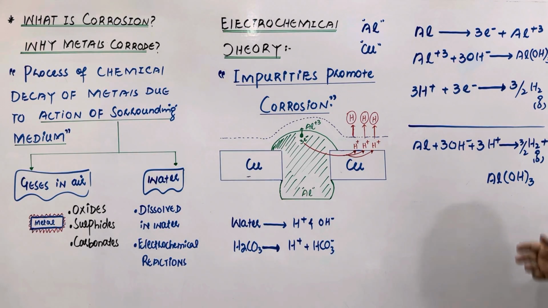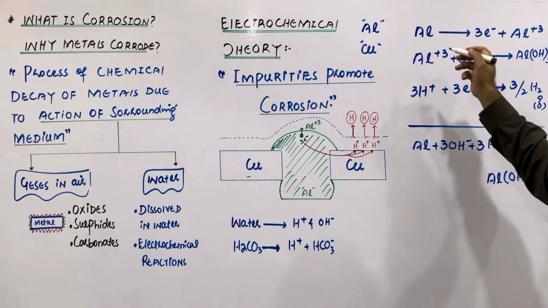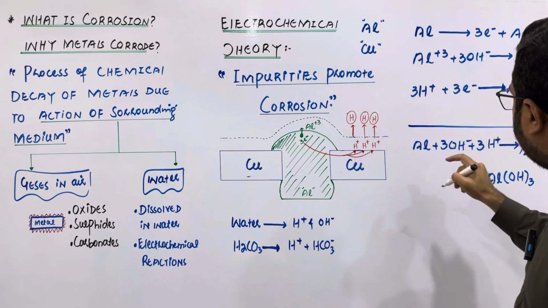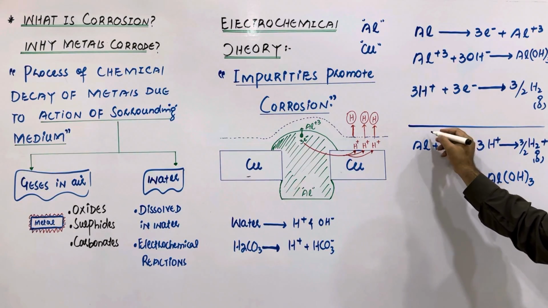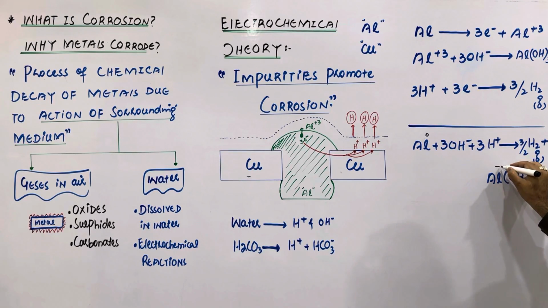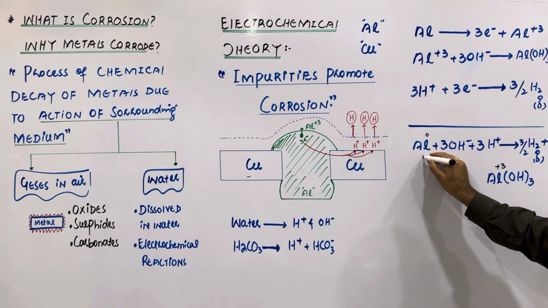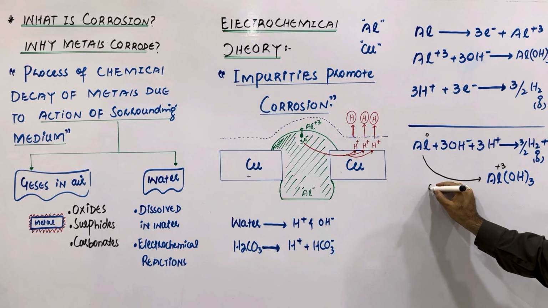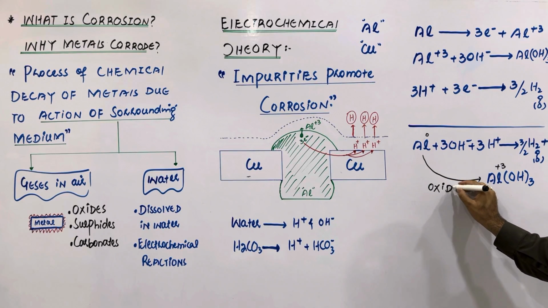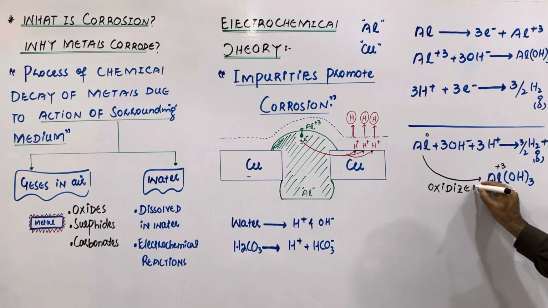In this way, this is the overall chemical reaction in that electrochemical cell, because aluminium is being oxidized. Aluminium changes from 0 to plus 3. The one which gets oxidized acts as anode.